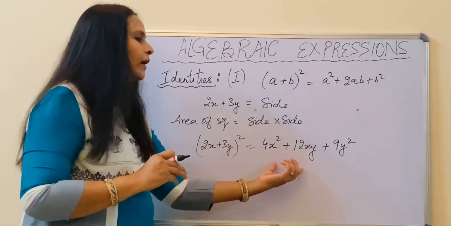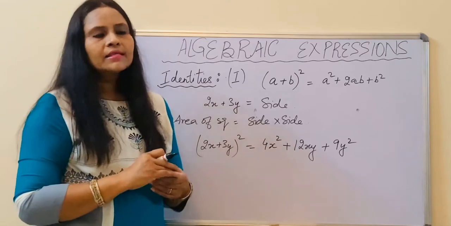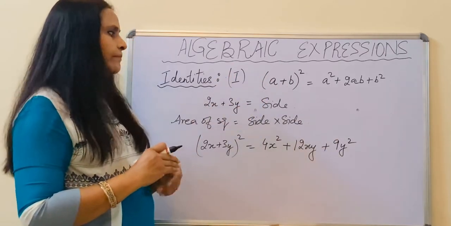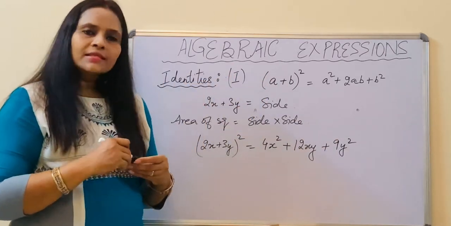So in one go you can have the answer by using the identity. This makes our calculations simple.